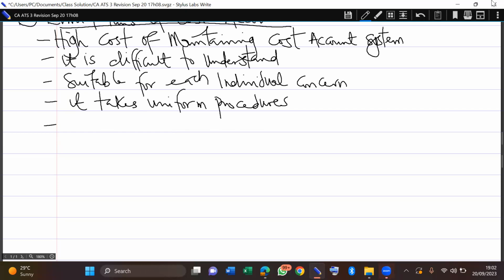Another one is that the analysis of cost data may be too time consuming. Yes, the analysis of cost data may be too time consuming.